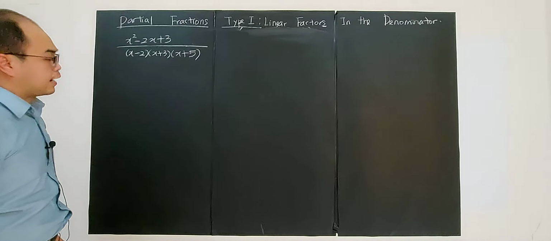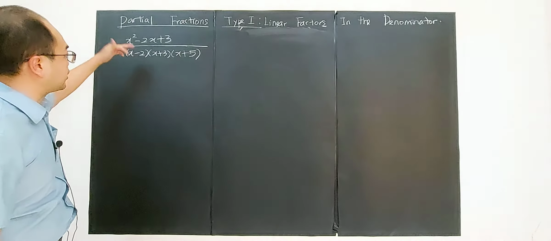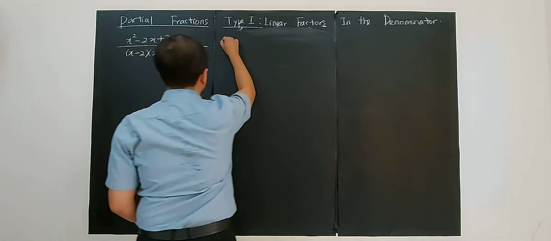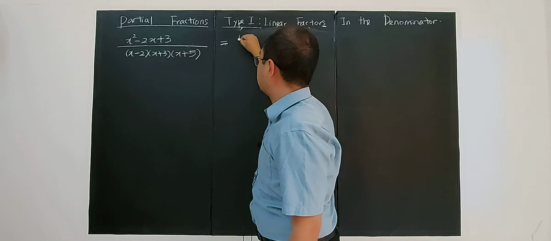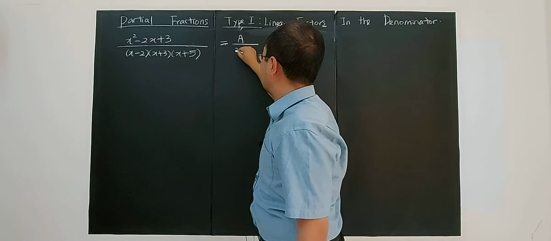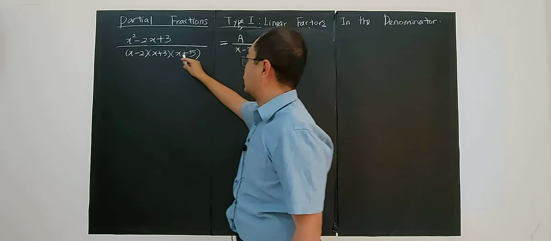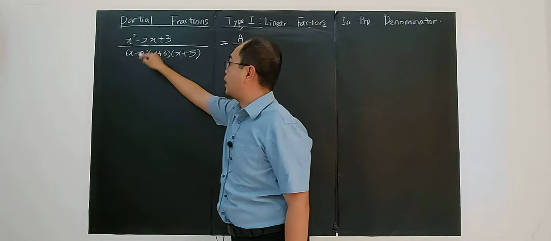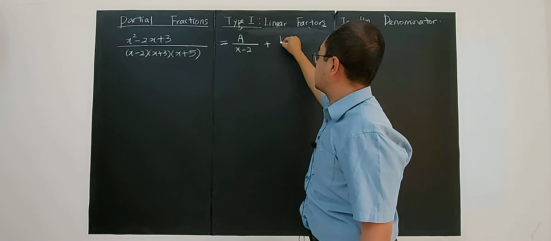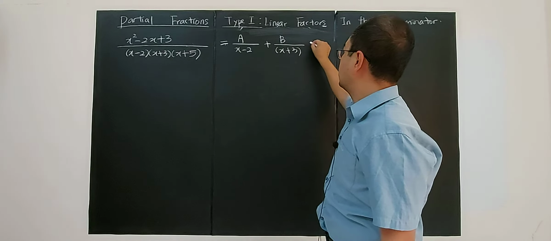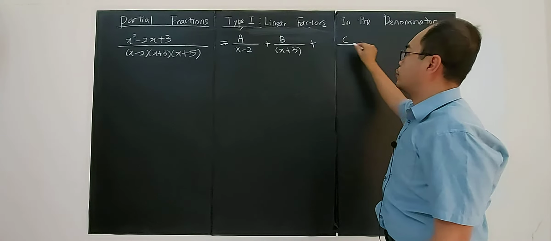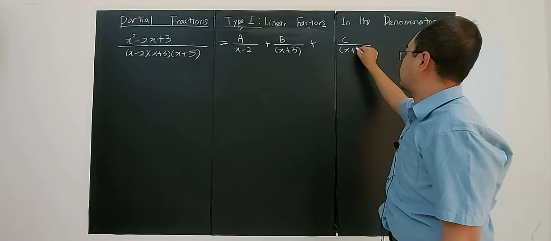After you confirm that this is a proper rational function, you can further decompose this rational function into smaller fractions. So A over x minus 2, plus B over x plus 3, plus C over x plus 5.